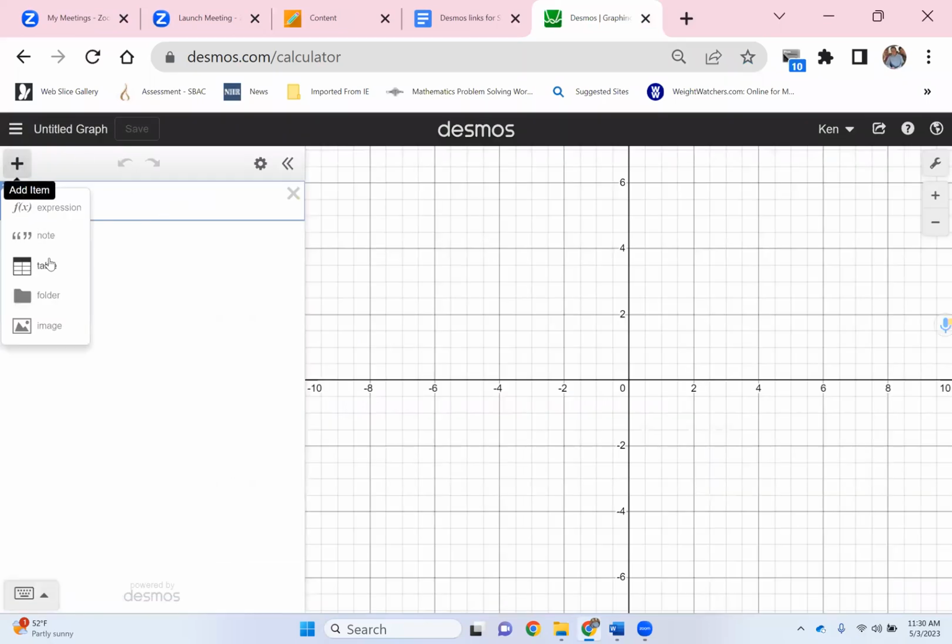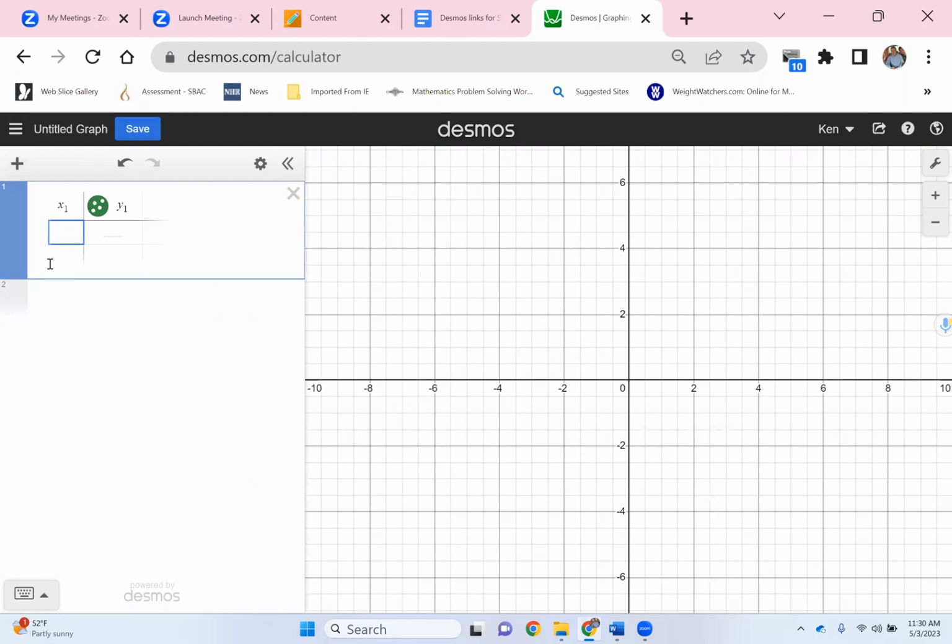And I'm going to add on what's called a table. All right. So the X1 values are going to be our foot lengths. So let's go over here.